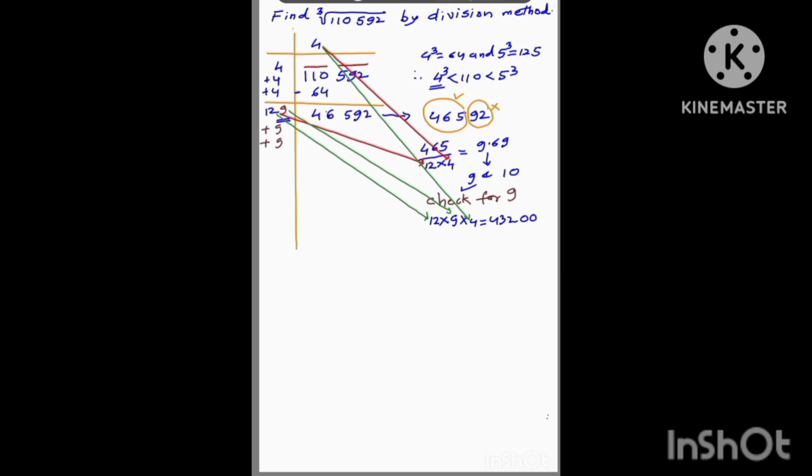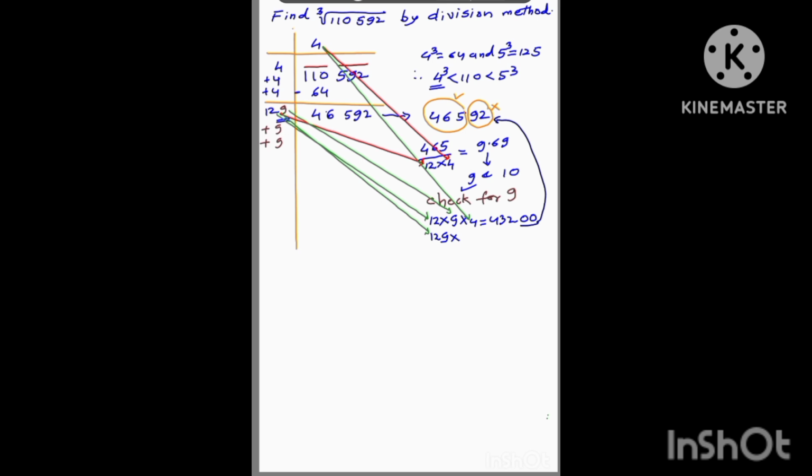It is 432, and 00 we are adding from our side, as we have neglected that 92, so we have to compensate for that. You just cannot leave it like that. So for this you have to write two extra zeros. Okay, and another one, as we have seen, 129. Initially we took only 12 into 9, now 129. Okay, see, into 9 into 9.